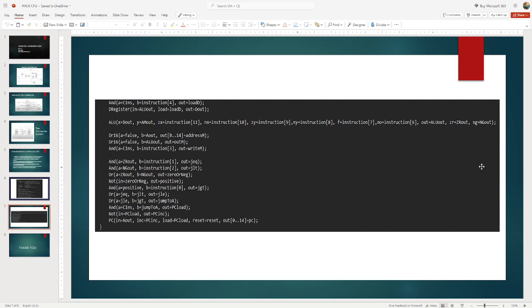It consists of input control bits such as ZX, NX, ZY, NY, F, and NO, which indicate the function that is computed on the two inputs to produce the output. Whereas the output control bits such as ZR and NG determine the properties of the result.